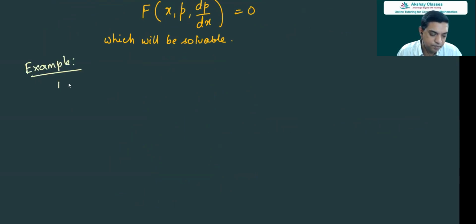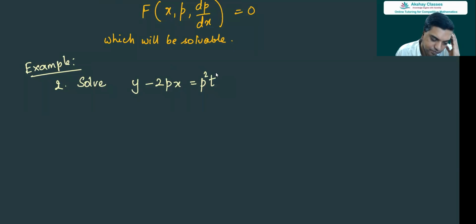Solve. y minus 2px is equal to tan inverse of x p square.